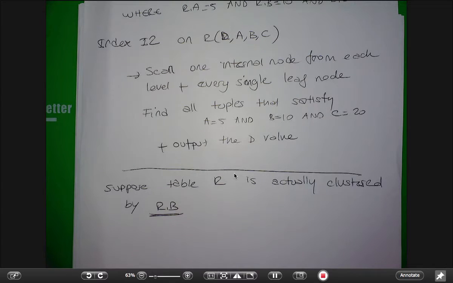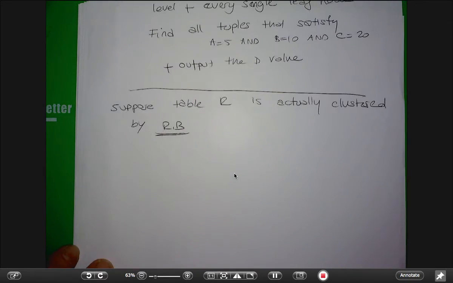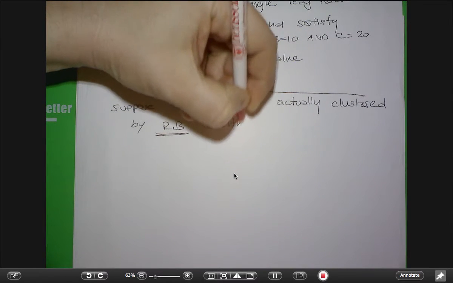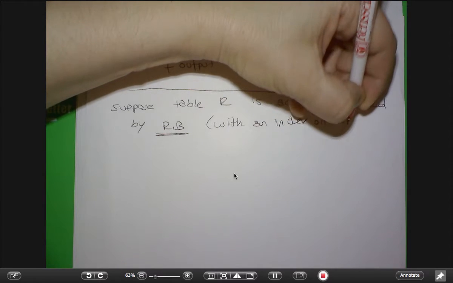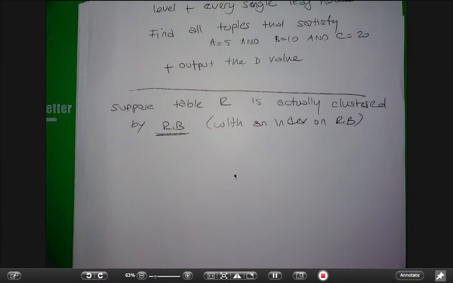Remember I talked about primary indices, things that are index-sorted tables? This is the general idea. So if R is clustered on this, with an index on R.B, then my algorithm is a little different.